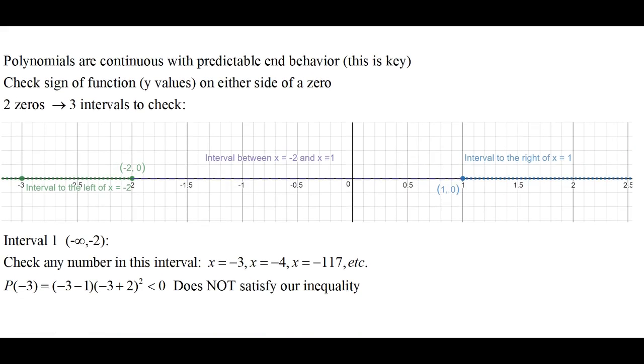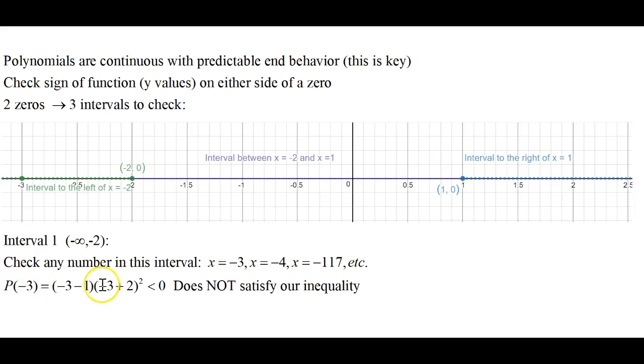So first we'll check the first interval that's made up by looking at numbers to the left of minus 2. So that's this interval minus infinity to minus 2. I can check any number in this interval, minus 3, minus 4, minus 117, because that end behavior is predictable. So I'll pick an easy number, x equals minus 3.